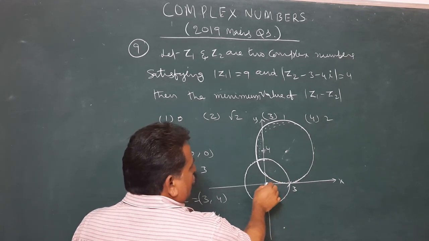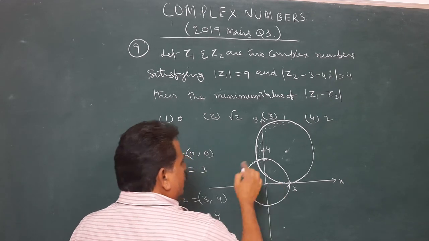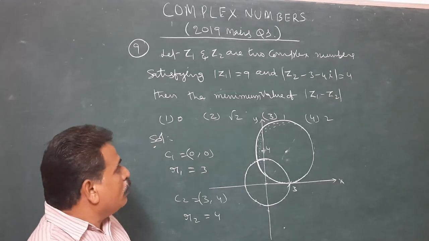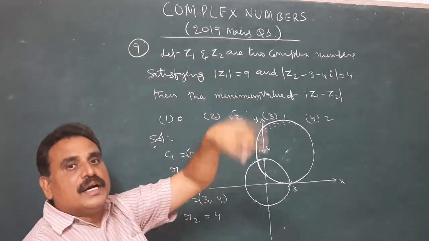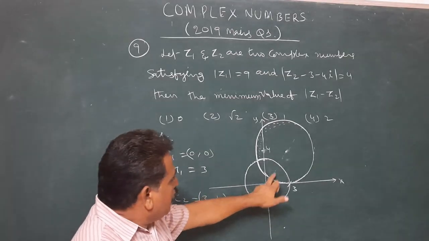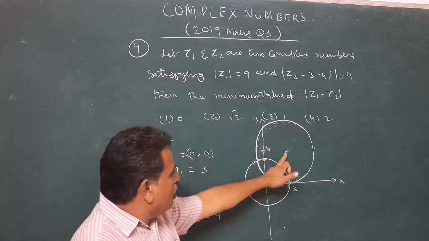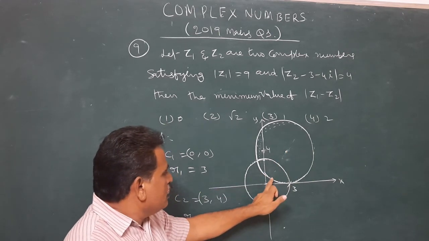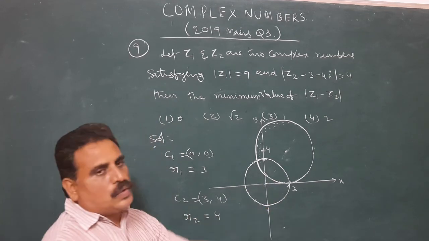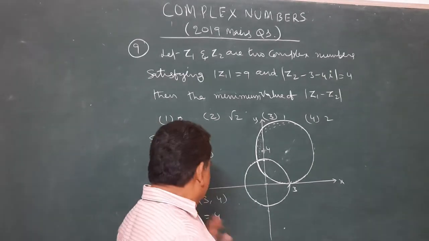Next here 1 plus this 3, 9 plus 3, 12. The maximum distance is 12. But here the minimum distance is 0. Once again, for the maximum distance, the diameter is 8, but from origin to the point is 5, so this distance is 1. 8 plus 1, 9. 9 plus 3, 12. That is the maximum distance. But our question is minimum only, that is 0.